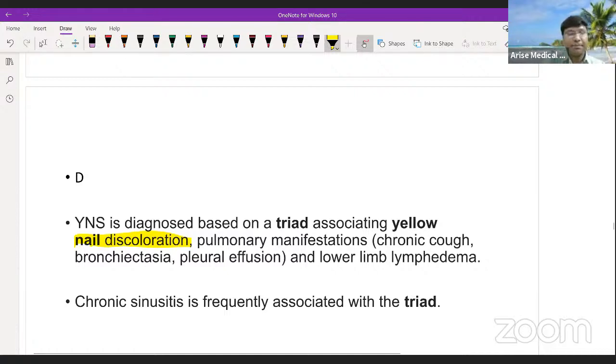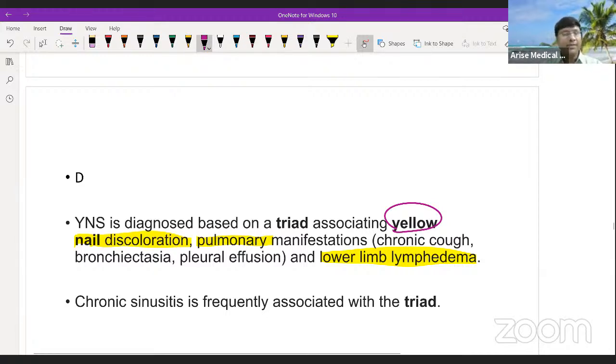Number 2, pulmonary manifestations, characterized by chronic cough, bronchiectasis, and pleural effusion. And the third one is the presence of lower limb edema. These three are the manifestations you will see in patients with yellow nail syndrome.